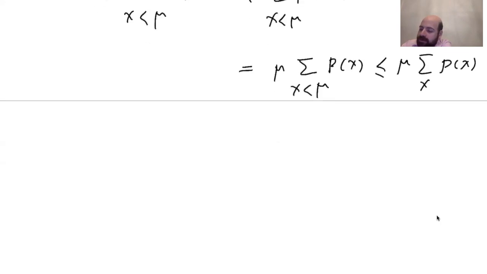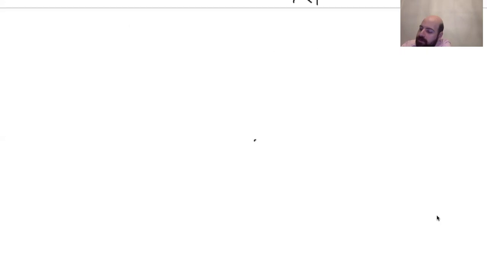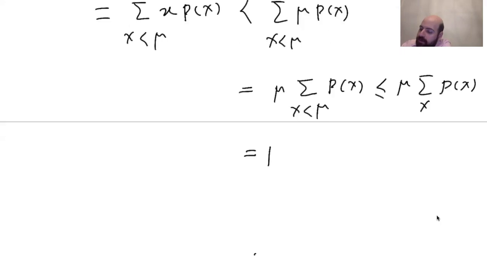And what is the sum of all p of x? The sum over all x is 1, right? So this is equal to mu times 1, which is mu.